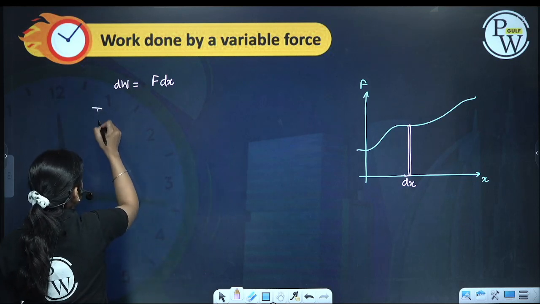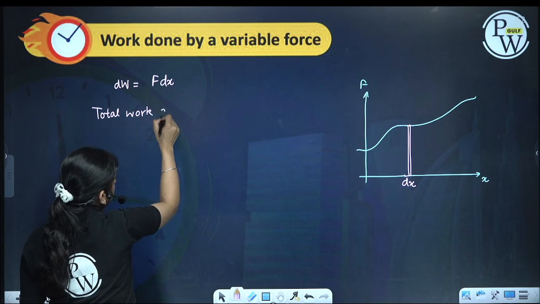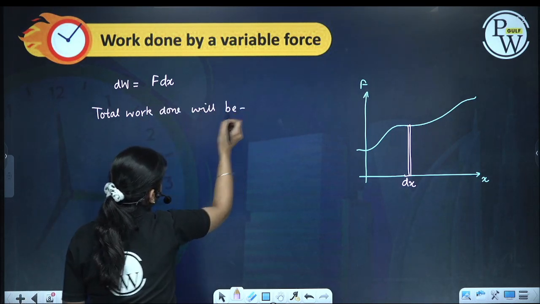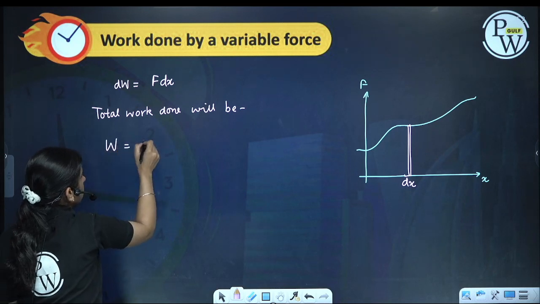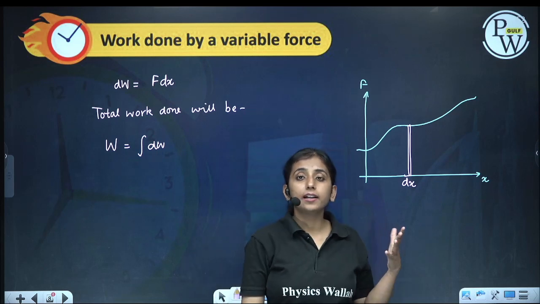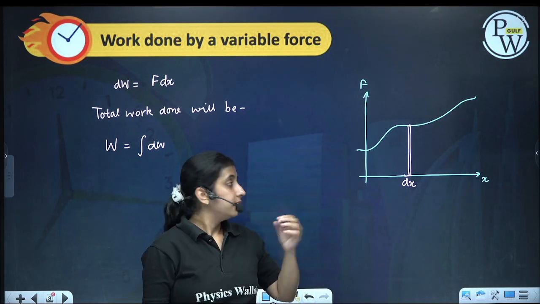So total work done will be integration of all the small work done. What we did is we divided our displacement into very small intervals of displacement.